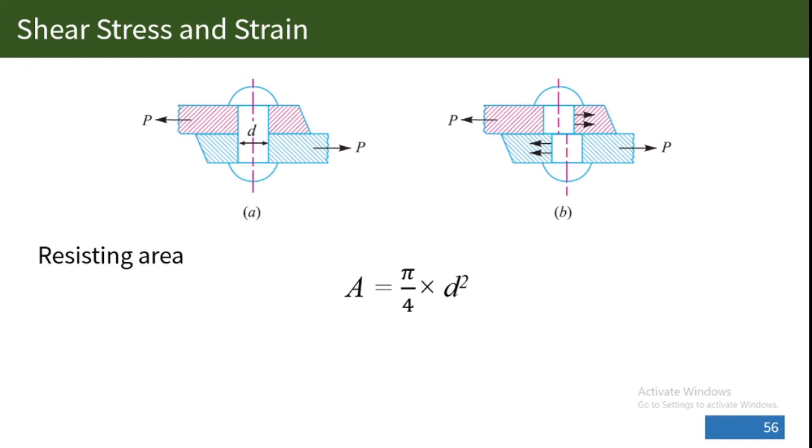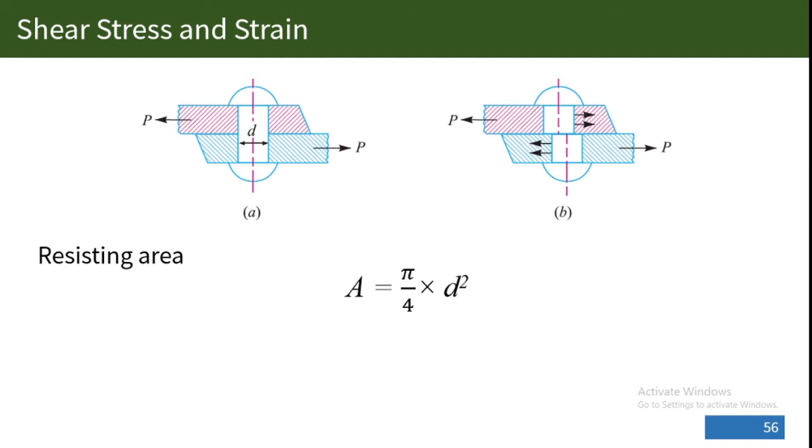So consider a body consisting of two plates. Here is plate 1, the upper plate, and we have another plate below, where two forces are applied, connected by a rivet. So the two plates are riveted together. Right? So in this case, the tangential force P tends to shear off the rivet between the two plates.